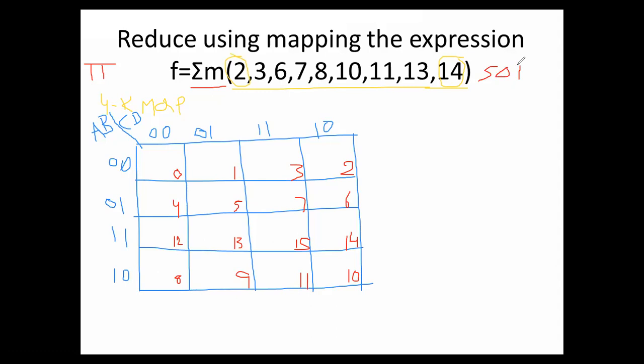For the min terms, we are putting 1 in the corresponding cell. That's why here see the first one, 2. So what is the 2 cell? We are putting 1. Next 3.